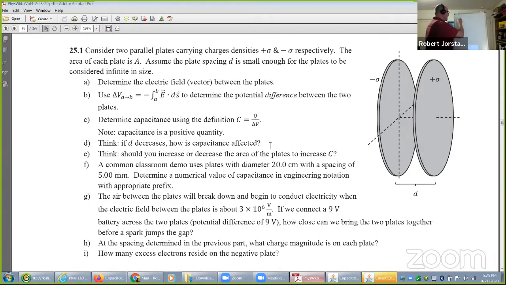I'm just trying to draw this one here. All right. Positive sigma, negative sigma. Area is A.